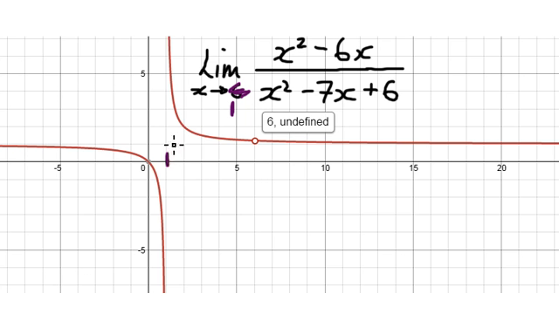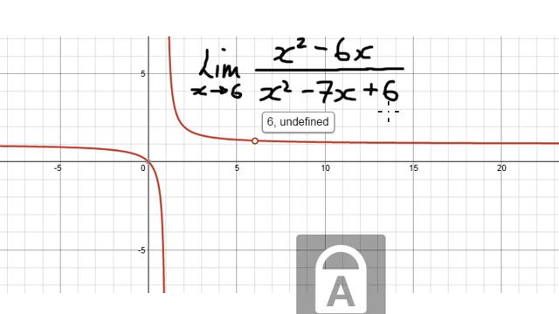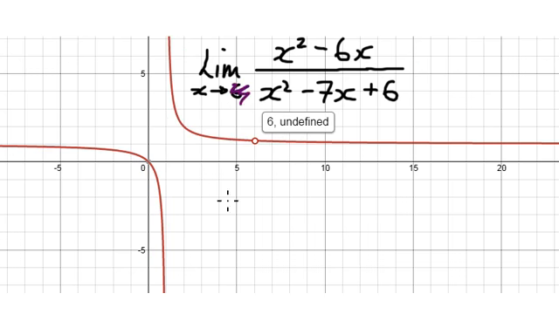Positive 1 is here. You can see there's an asymptote here. From the left-hand side, it approaches minus infinity. From the right-hand side, positive infinity. Here you can see from the graph that the limit does not exist.